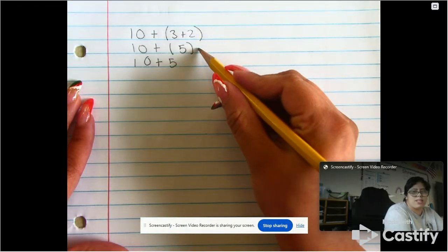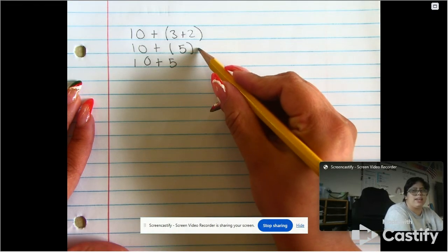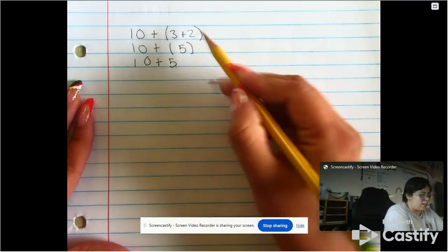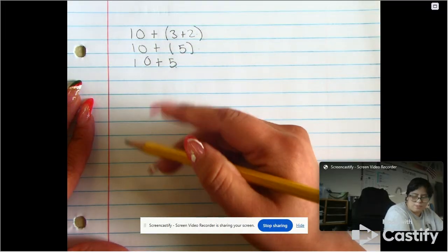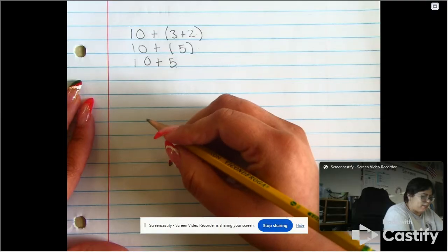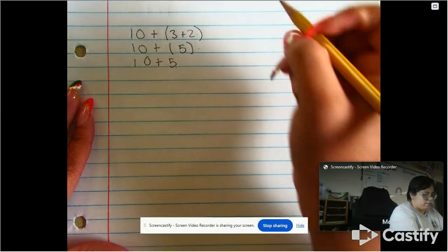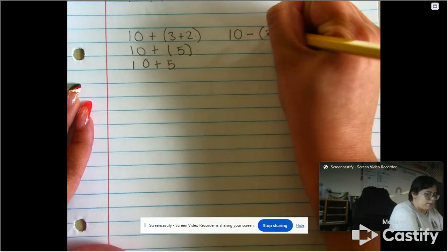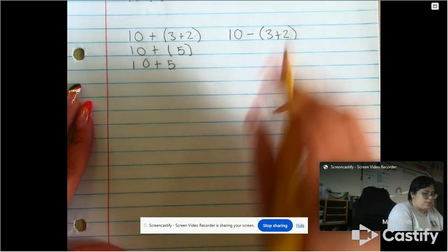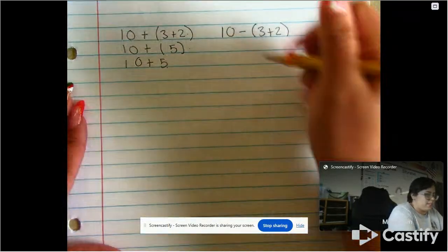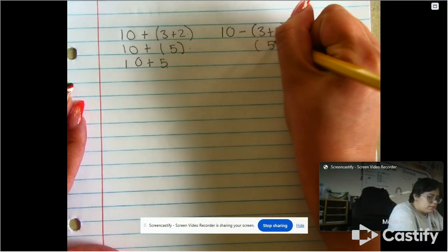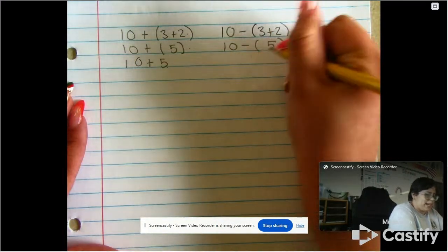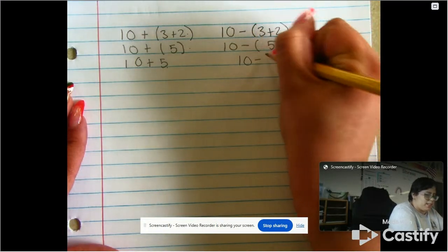Eventually, you can skip this step and figure out that 3 plus 2 is 5, so I just switch it out for a 5 and take off those parentheses. What if it was subtraction, where we had 10 minus and then parenthesis 3 plus 2? Still solve what's in the parentheses first. Then we can take out the parenthesis and go, oh, it's just 10 minus 5.